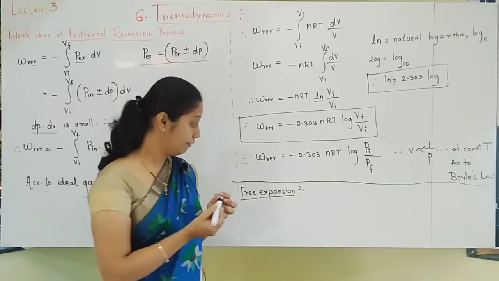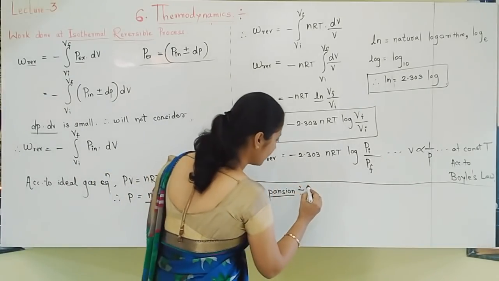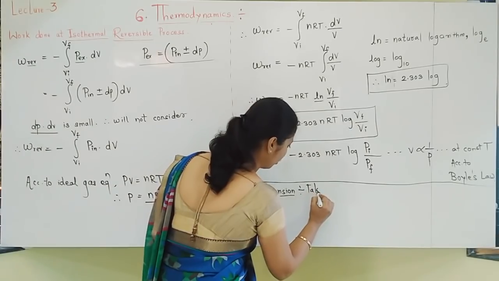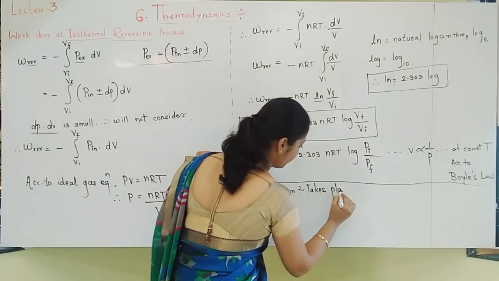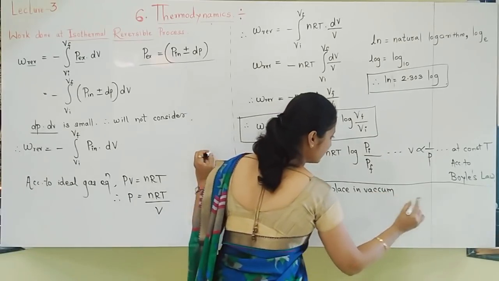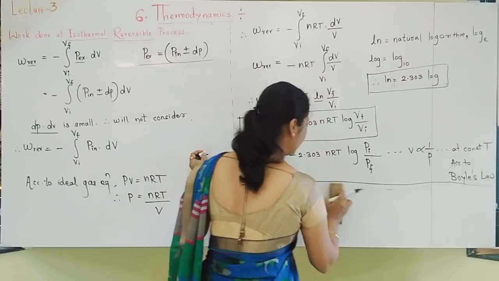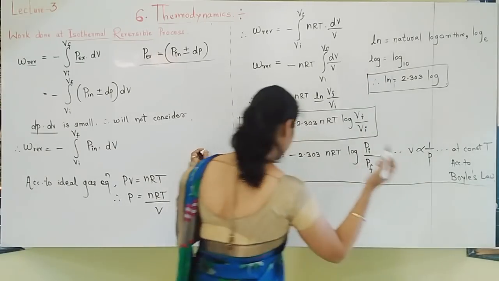Okay. So free expansion, write down the points. Free expansion takes place in vacuum, or if a definition is asked, then you should write that. What is free expansion? A 1 mark question may be asked.